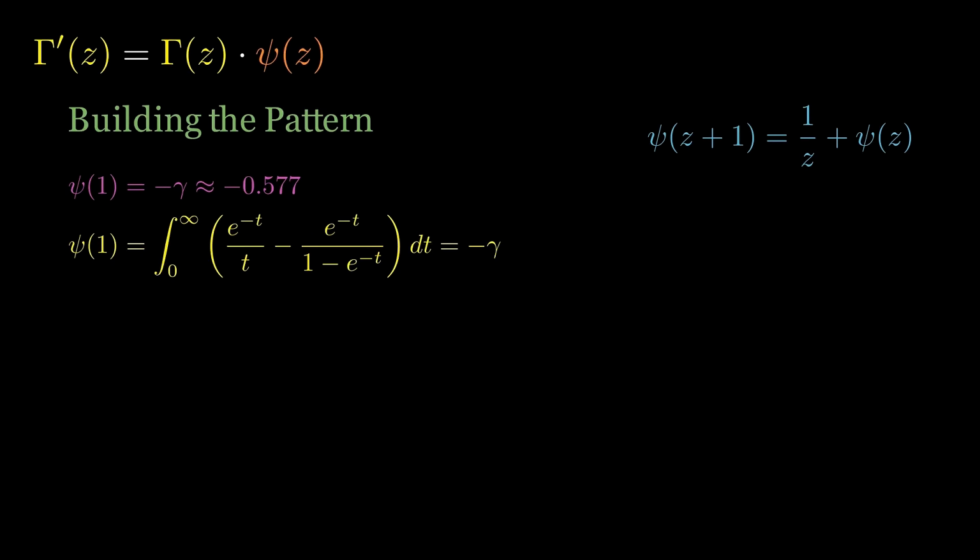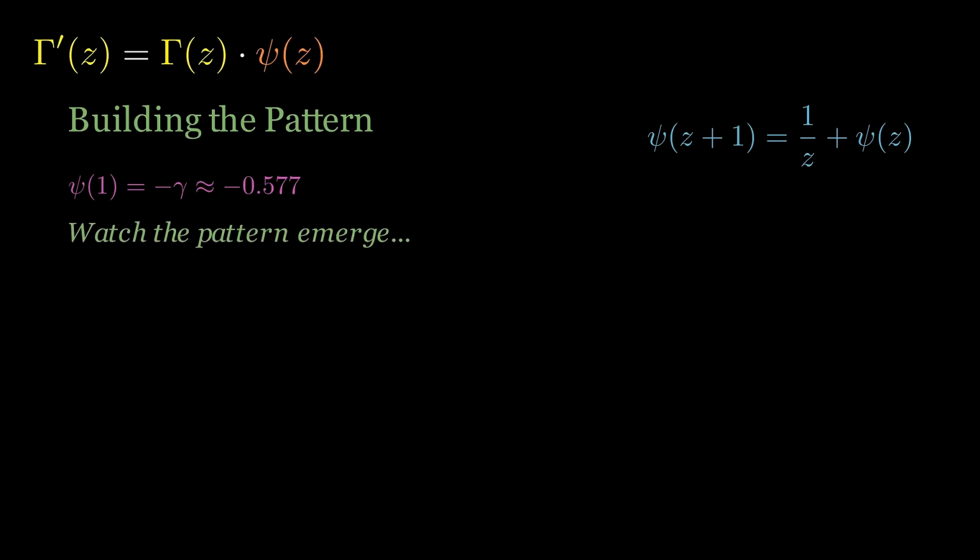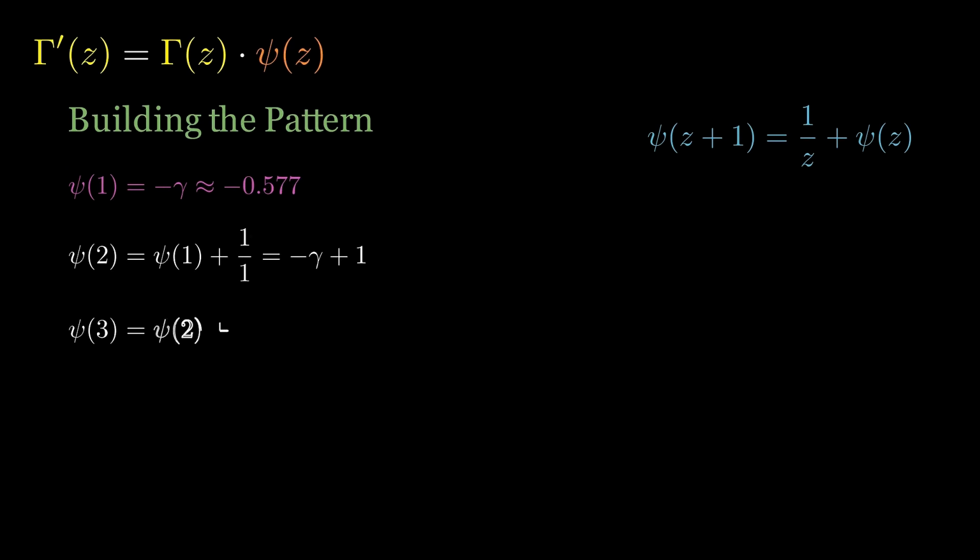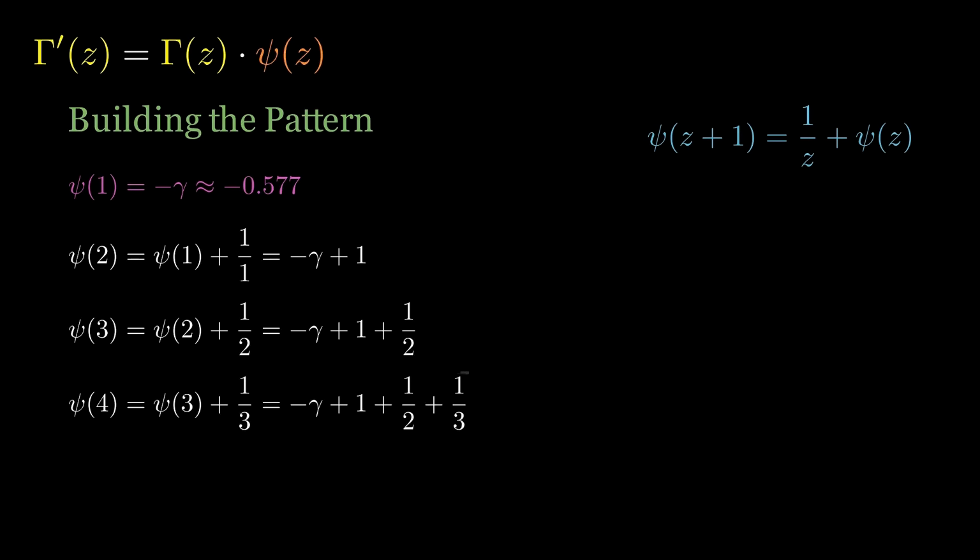Now apply that step by step for integers. Start at z equals 1: psi of 2 equals psi of 1 plus 1. Psi of 3 equals psi of 2 plus 1 over 2, which is psi of 1 plus 1 plus 1 over 2. Psi of 4 equals psi of 3 plus 1 over 3, which is psi of 1 plus 1 plus 1 over 2 plus 1 over 3.